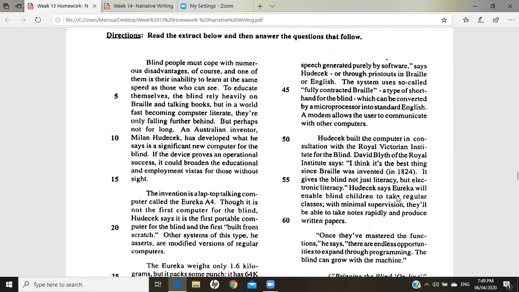This next comprehension is one that repeats a lot too. It's about blind people. What was the main idea in this comprehension passage? What was the purpose of writing this passage? To help them. Yeah, they were mentioning that now someone has invented a talking computer that would help blind people. And how would it help them?